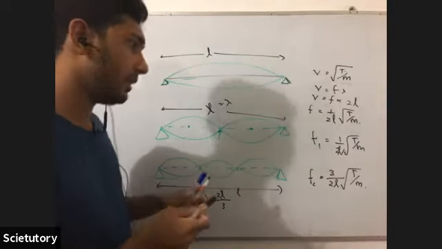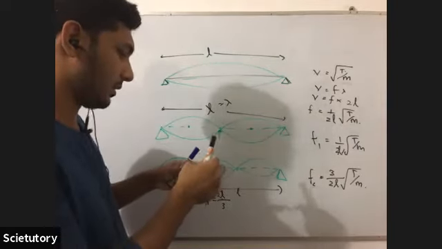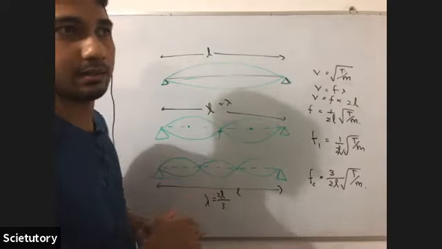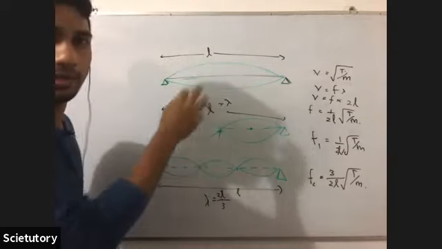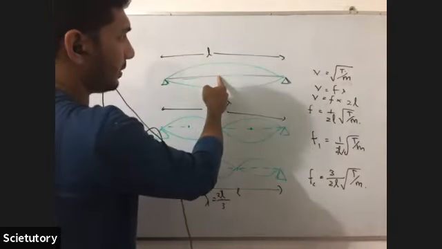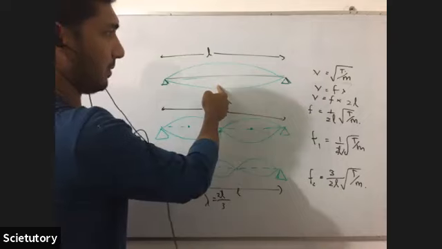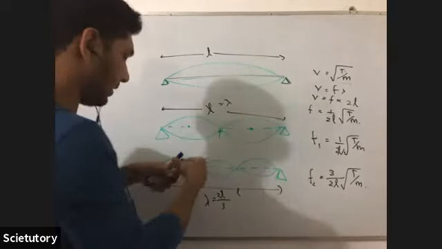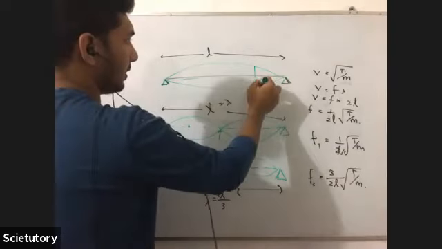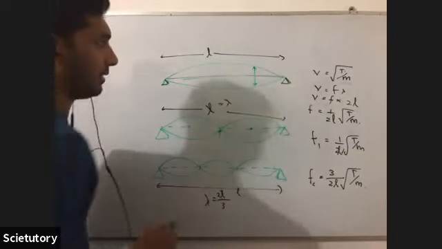What about the amplitude of different particles at different displacements? I mean, at different points. Amplitude here is the maximum. And if you see here, the displacement is always 0. And here it has an intermediate amplitude.